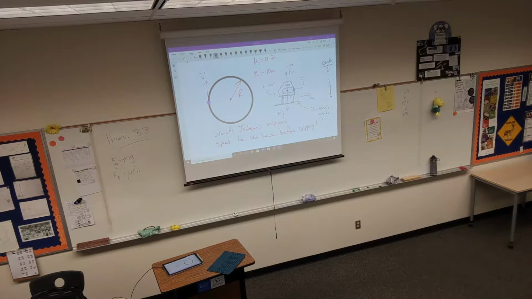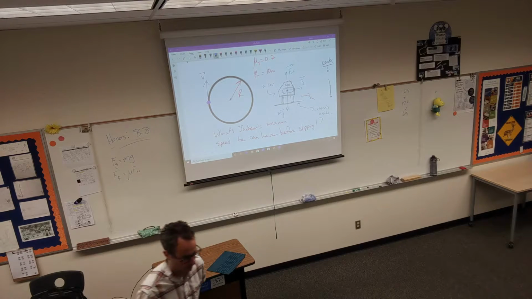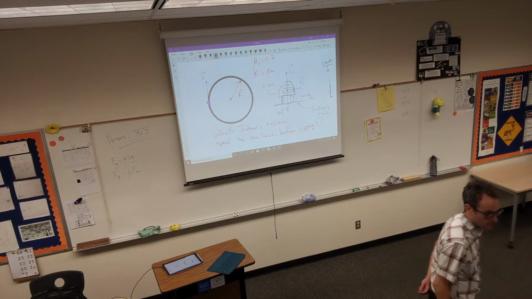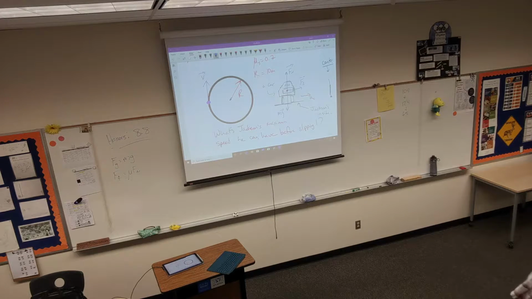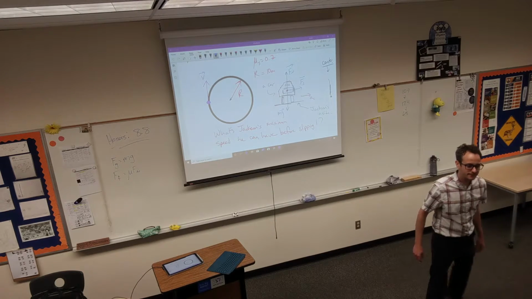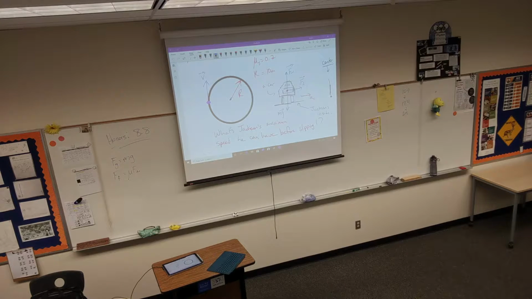So, an F in this case is which of these forces? The friction that's causing the acceleration. If you're not caring about that, it shouldn't be. 250. Oh wait, no. It's just g.